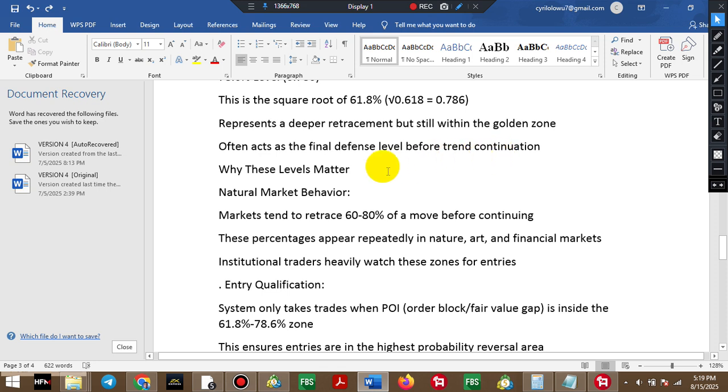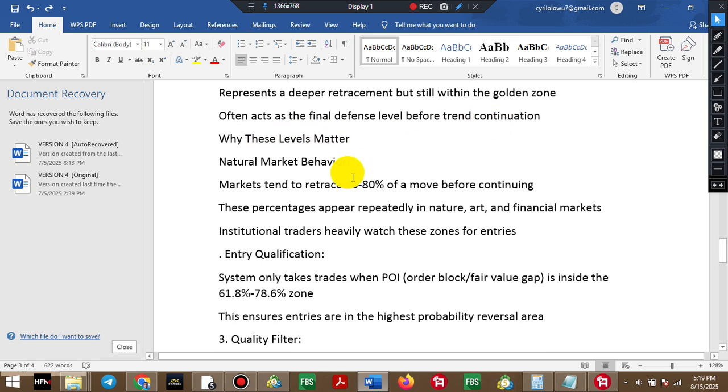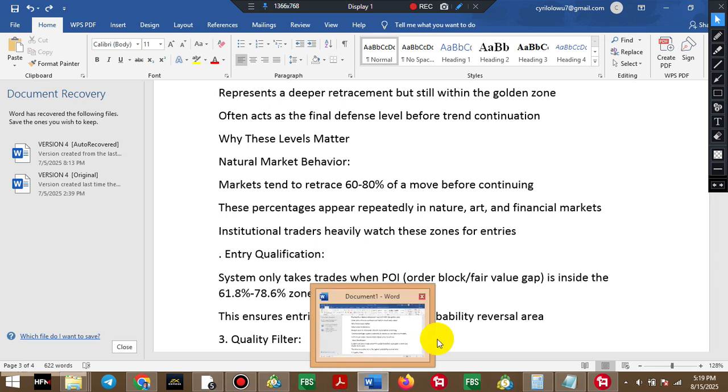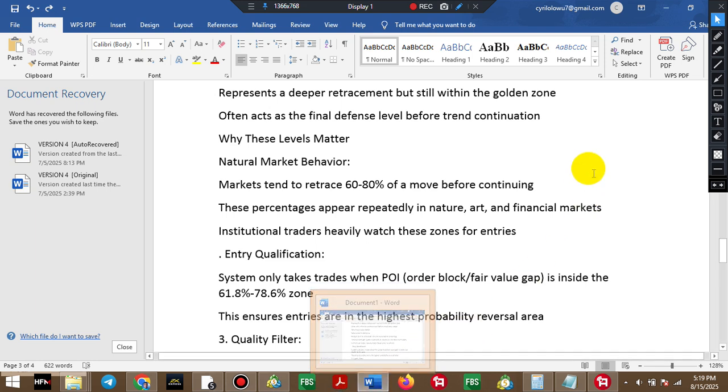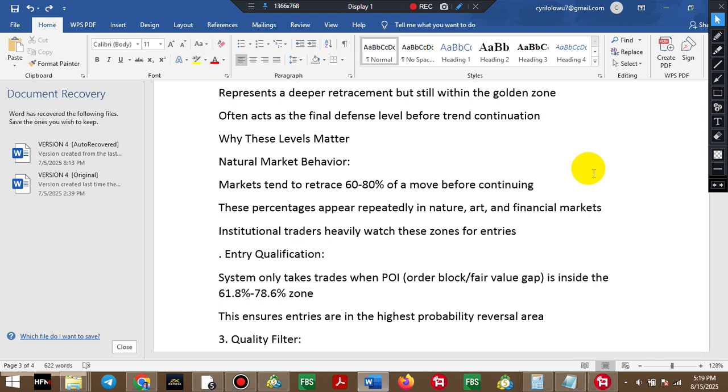Why does this level matter? What makes this level matter? The natural market behavior. That is how price normally behaves around this zone. It is so sure that people take only this part, understand it, digest it, and use it as a strategy against the market. They personally sit down and observe levels and price within these levels, which I'm going to teach you how to do today.